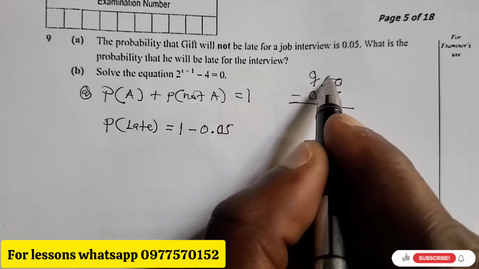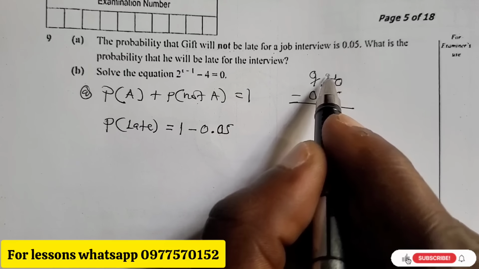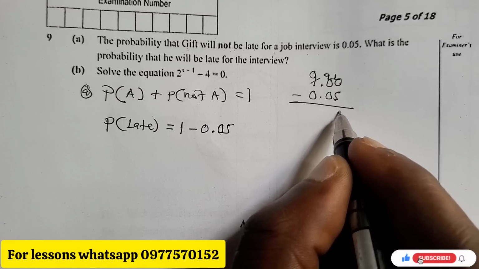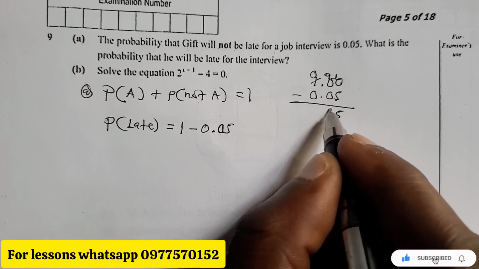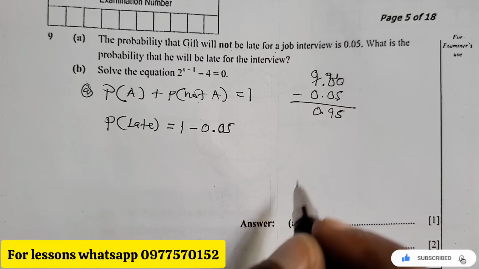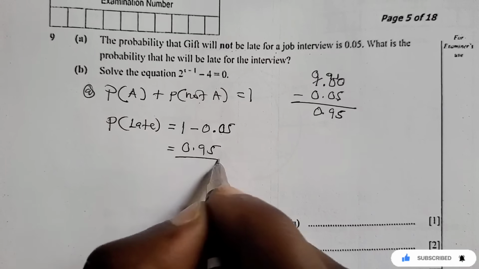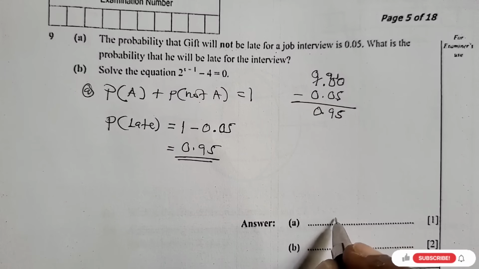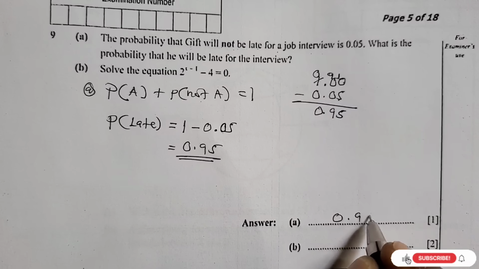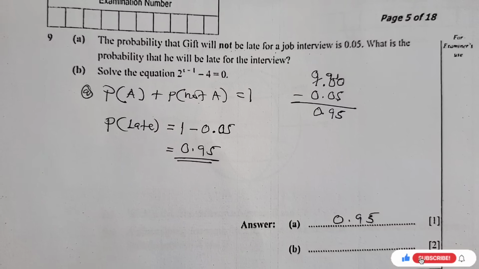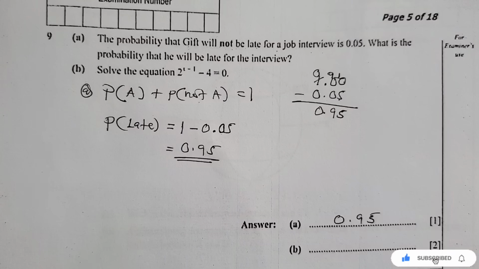This becomes 0, and this becomes 9, and this becomes 10. 10 minus 5 is 5. 9 minus 0 is 9. 0 minus 0 is 0. So the answer here is 0.95. You write your answer here, 0.95. Simple as this.